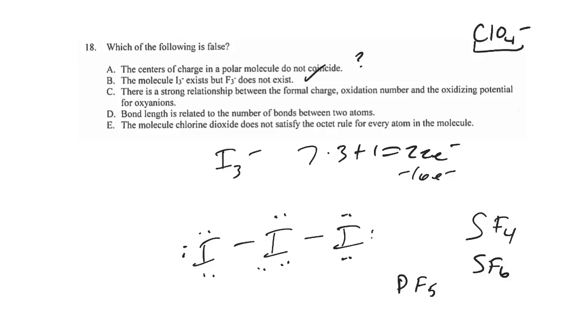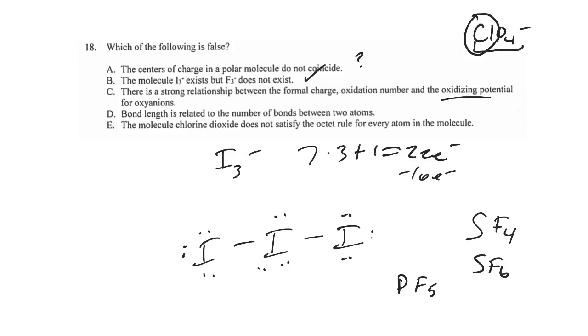I don't even necessarily know how to think of the formal charge because it depends on what Lewis structure you might write, one where the formal charge is minimized. A strong relationship between formal charge, oxidation number. The oxidation number here might make a link here.